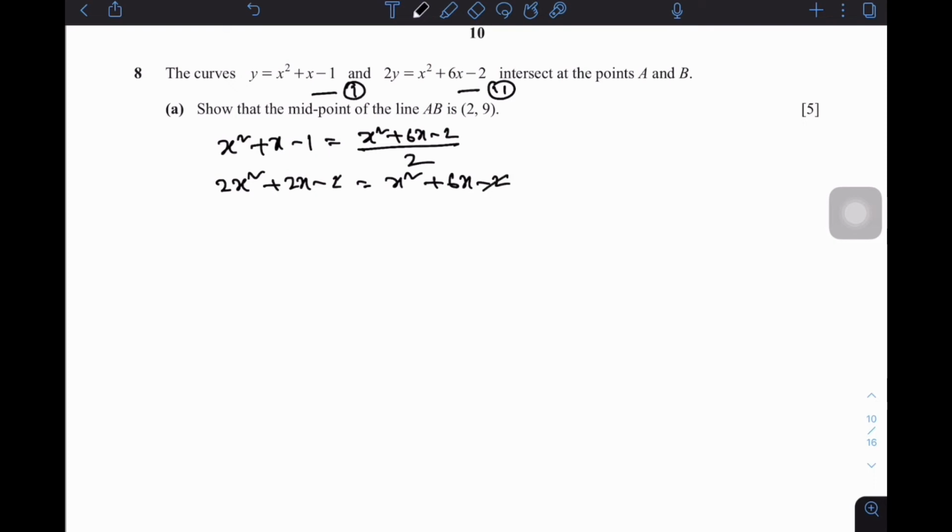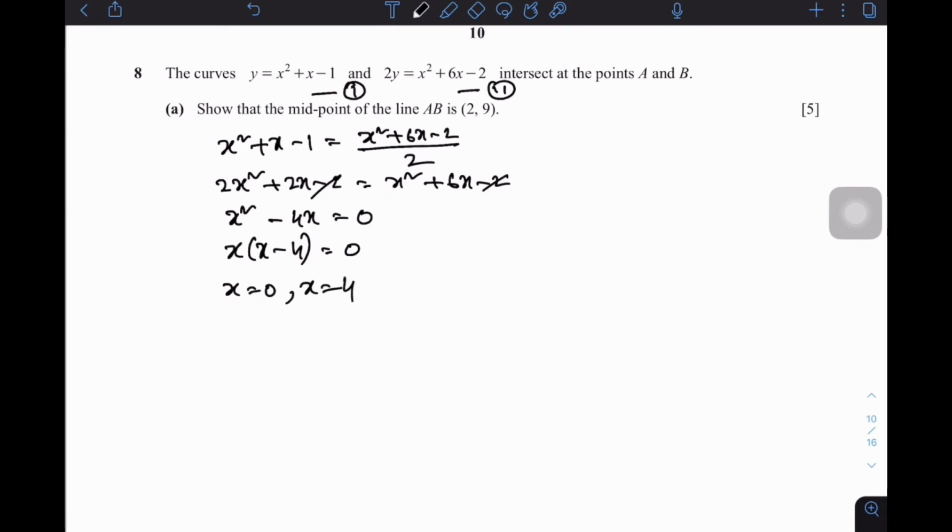So the minus 2 will be cancelled, and x squared is subtracted from 2x squared. This will be x squared, and 2x minus 6x, that is minus 4x, equals 0. Here x is common, so x(x minus 4) equals 0. That means either x equals 0 or x equals 4.